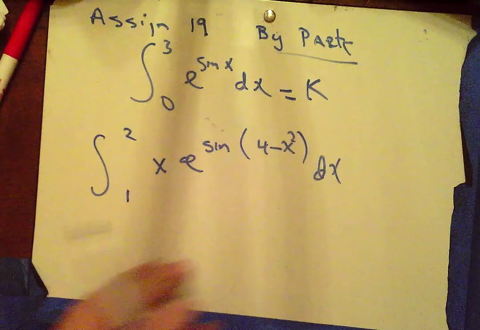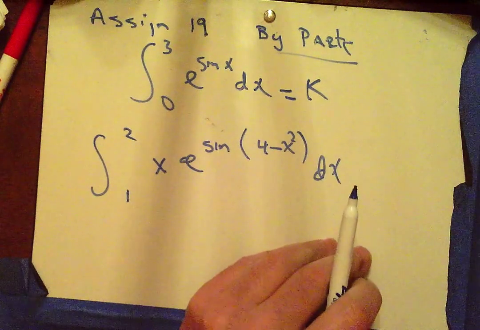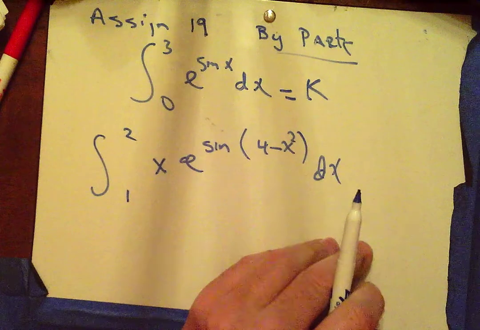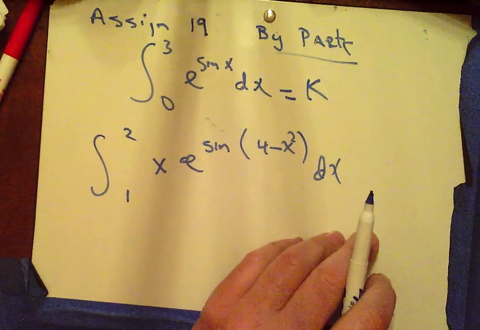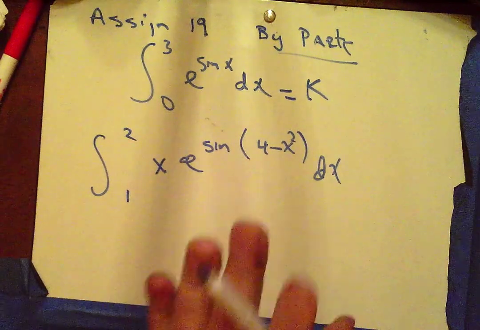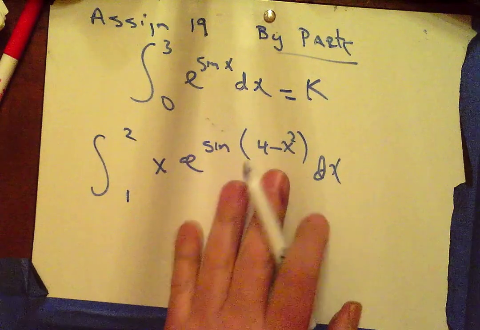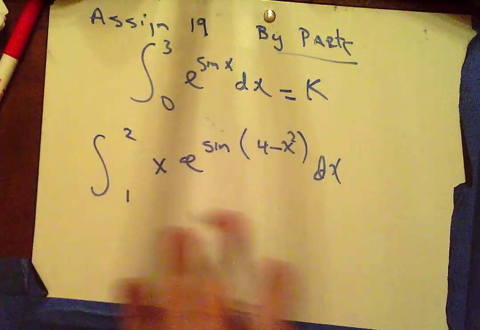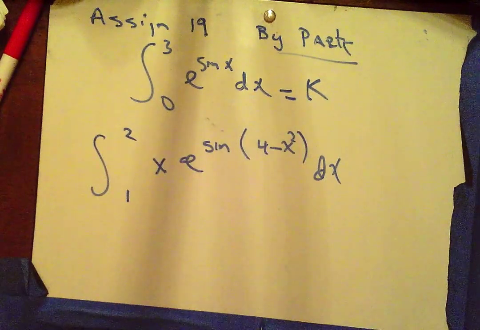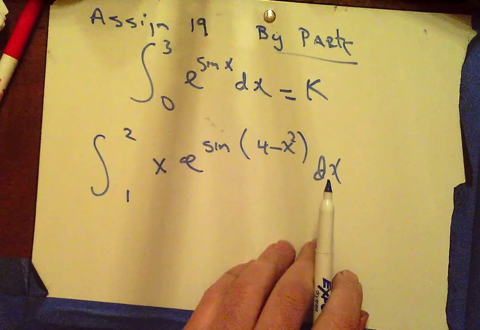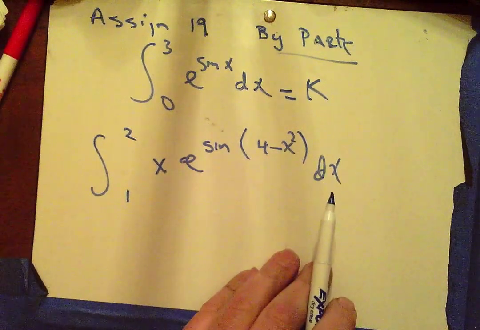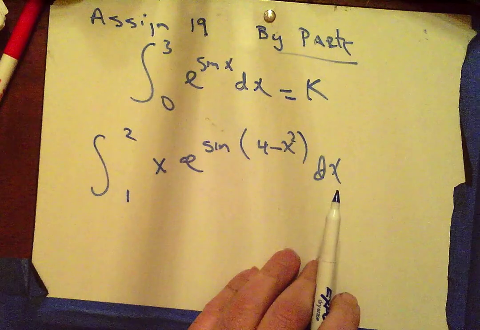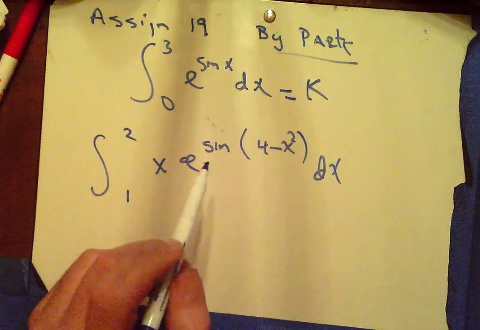And they want to know what this is equal to. So don't run away, but think about it. You've learned a lot of integration techniques, and you should see one of them right now. If you don't, you haven't been practicing enough, and you should start doing some practice problems and checking your answers.